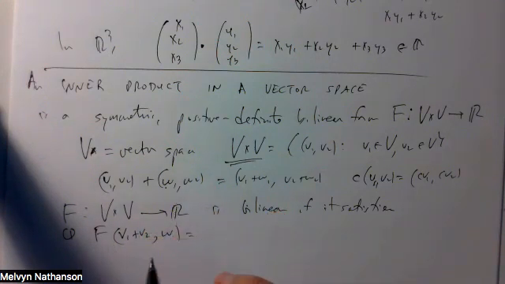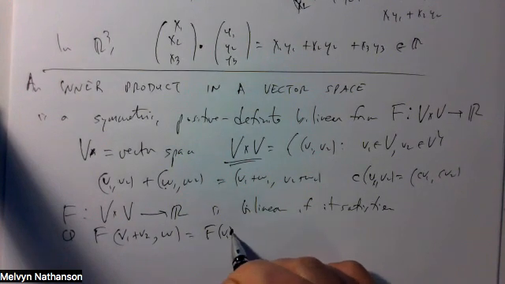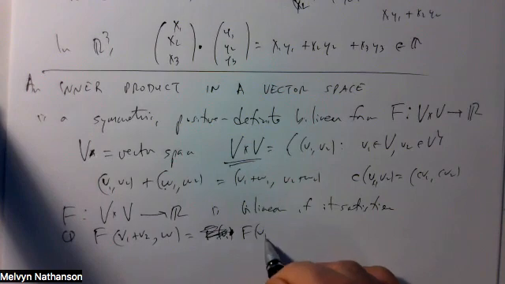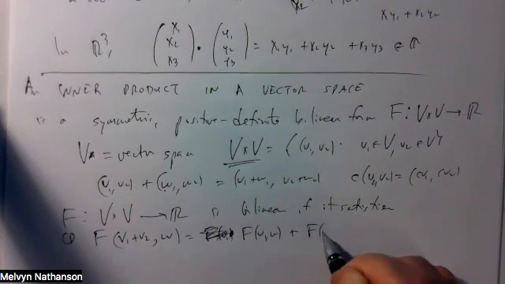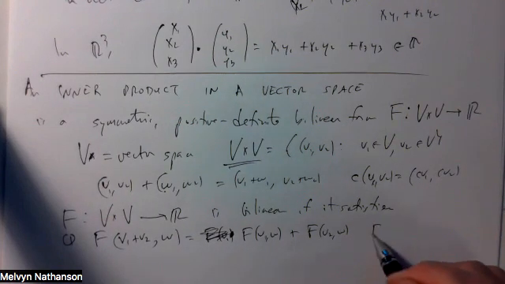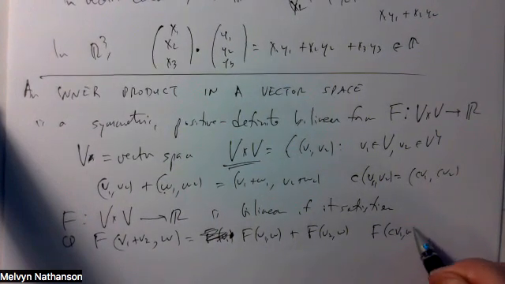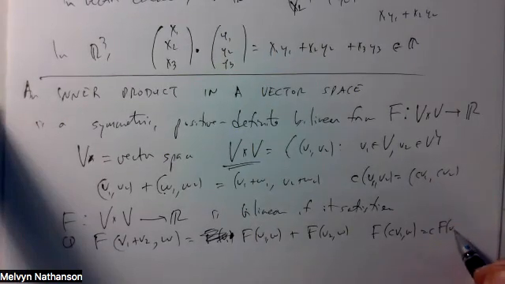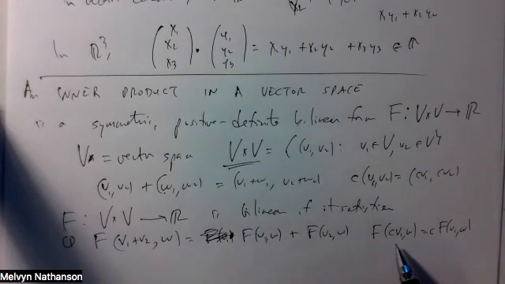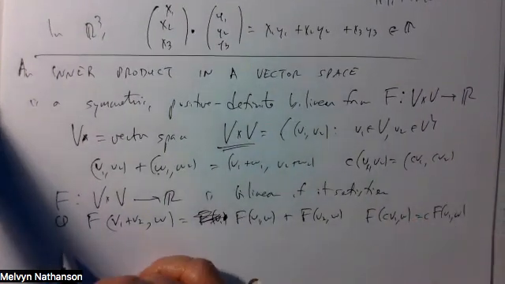It's like a linear transformation of the first variable. So this is F of (v1, w) plus F of (v2, w). And similarly, F of (c v1, w) is c F of (v1, w).